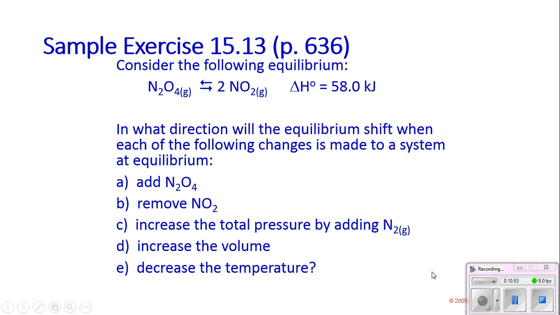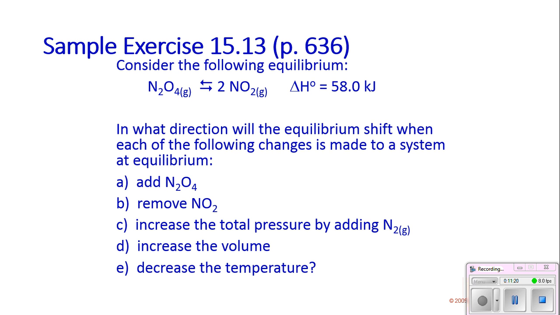We're going to look at sample exercise 15.3 on page 636. It says, consider the following equilibrium: N2O4 in equilibrium with 2NO2, with a positive delta H of 58.0 kilojoules. In what direction will the equilibrium shift when each of the following changes is made to a system at equilibrium?